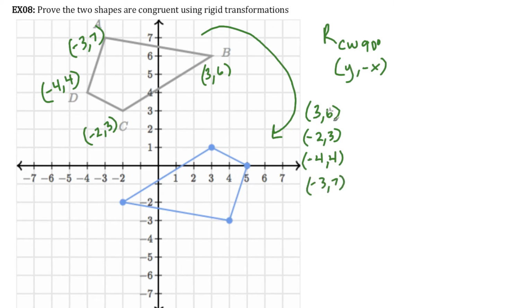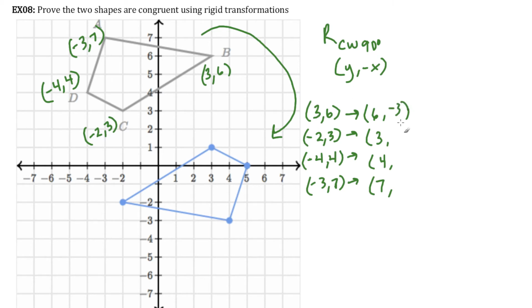So let's do the y's. The y goes first. So 6, 3, 4, 7. And the x's will come over and they'll be opposite.